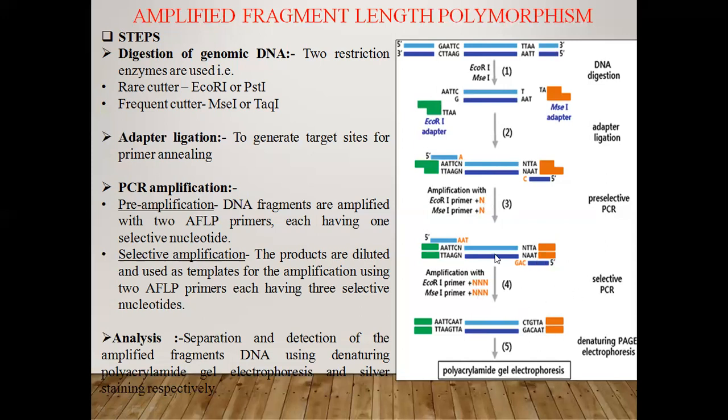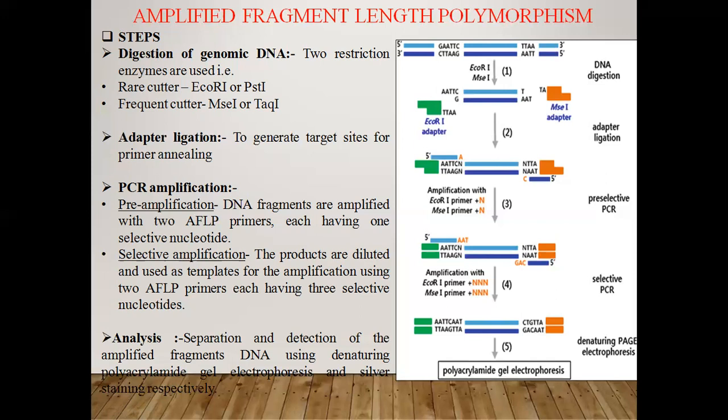Here, with the primer, three extra bases are there. When these primers bind, they give more selectivity to the PCR product. After all this amplification, analysis is done by separation and detection of the amplified fragments using denaturing polyacrylamide gel electrophoresis and silver staining respectively.